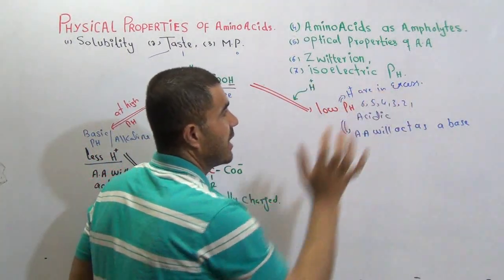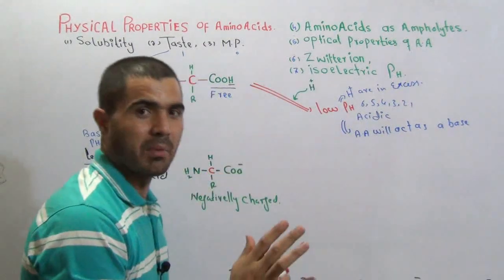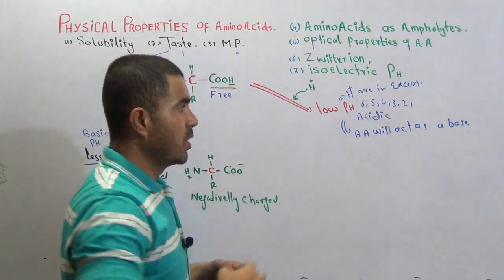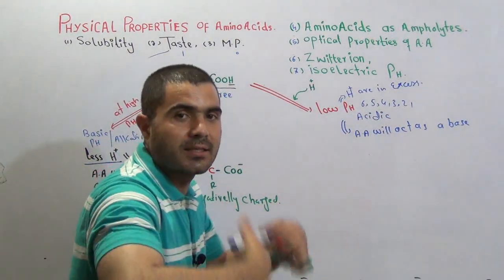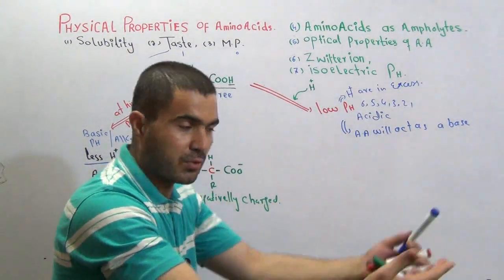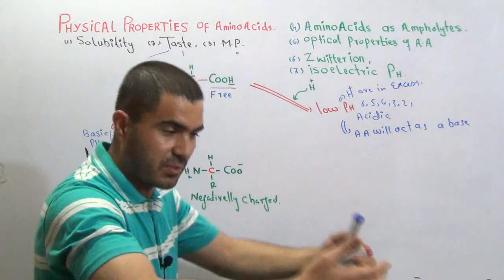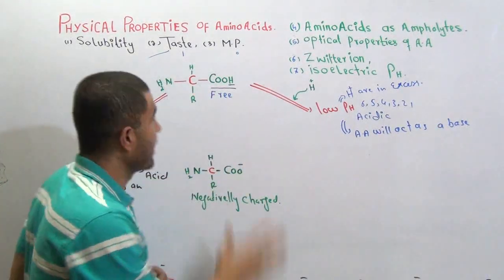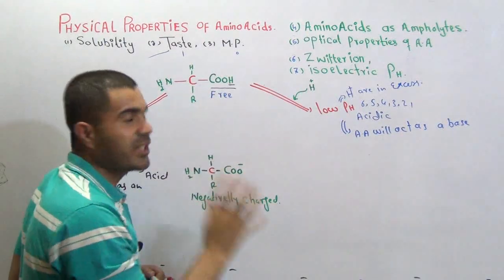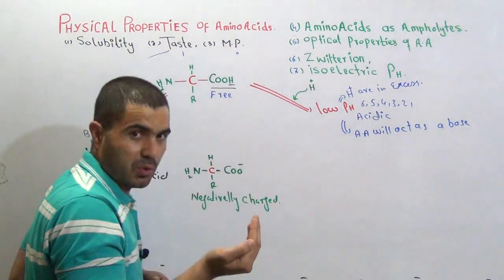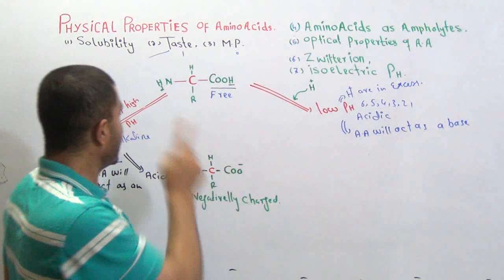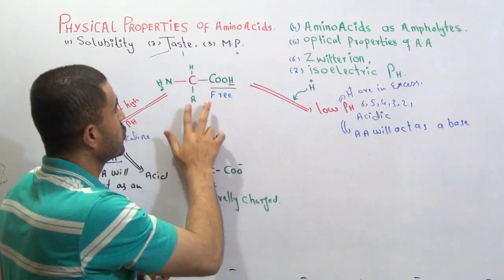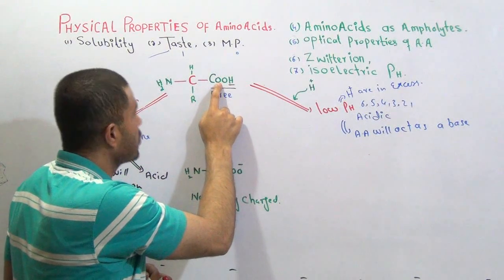So when hydrogen ions are in less amount, that amino acid will release its hydrogen ion. At low pH it will get a proton. Now, which group will get a proton? Either this group or this one.